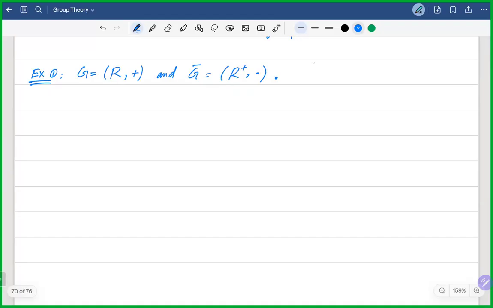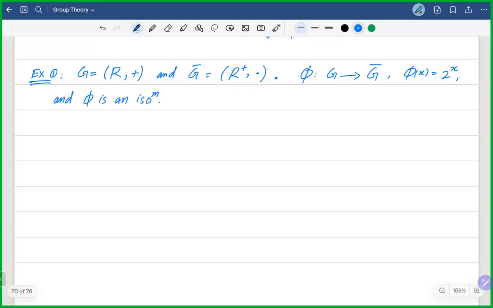Then phi is a map from G to G bar given by phi of x is equal to 2 power x. Now certainly, phi is an isomorphism. Okay. Now certainly phi is a function from G to G bar.